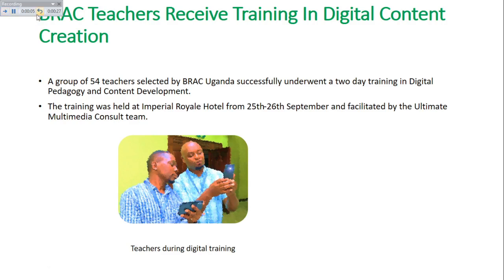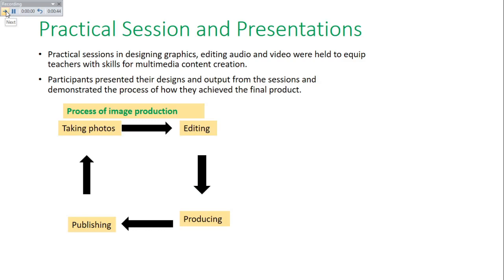These here are the timing for the current slide, and this is the timing for the entire presentation. This is the second slide, this is the third one. You can record them as well.